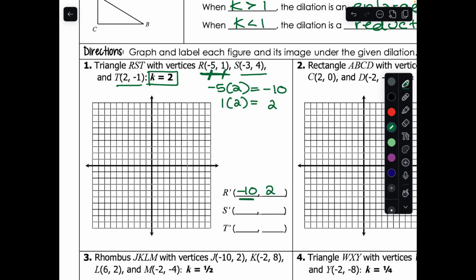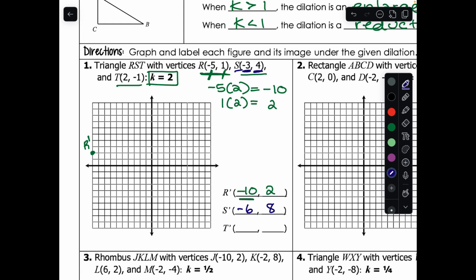So -10 is all the way left 10 from the origin here, and then we go up 2 from there. So this is our point R prime. And then we repeat those steps for S and T. So starting with S, we have -3, we multiply that by 2, is -6. +4 times 2 is +8.